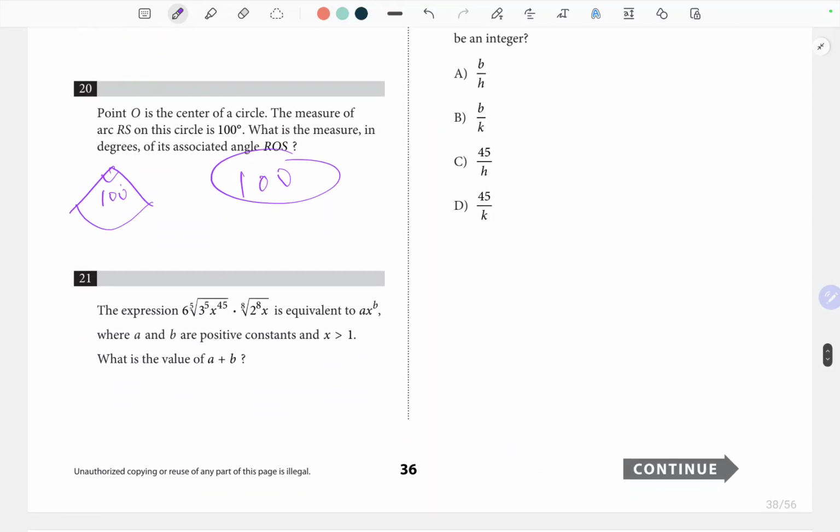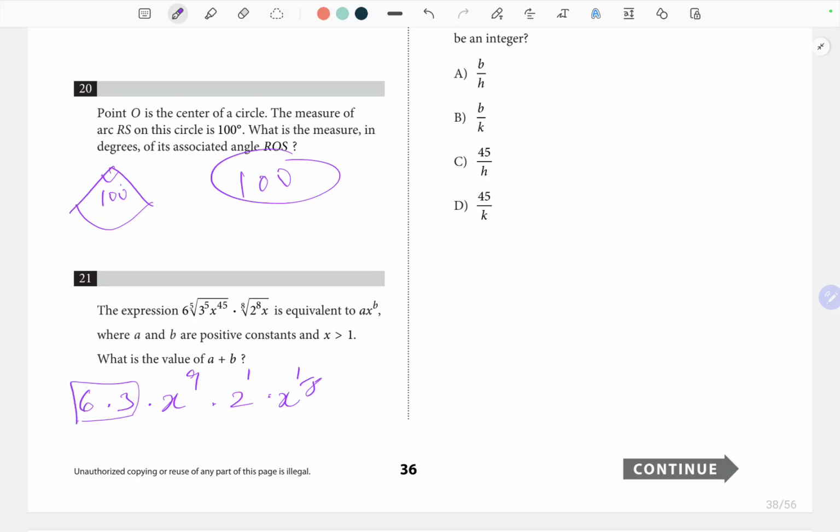Question number 21. The expression is equivalent to a x to the power b, where a and b are positive constants. x is greater than 1. What's the value of a plus b? So 6 times 3 to the power 5 times 1 over 5, which is 3, and x to the power 45 times 1 over 5, which is 9, 2 to the power 8 times 1 over 8, which is 1, and x to the power 1 over 8.